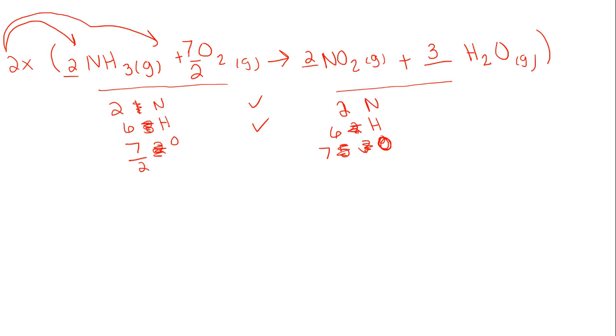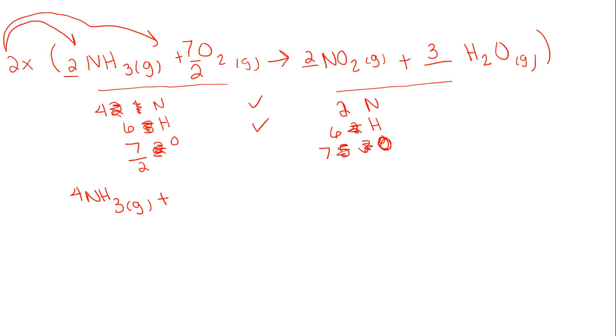So let's go through this. I have 2 times 2, so that's going to make 4 nitrogen. So I'm going to have 4 NH3 gas, okay? Let's just write it out and then I'll show you.